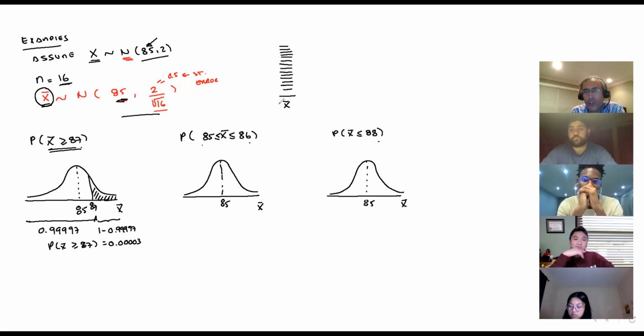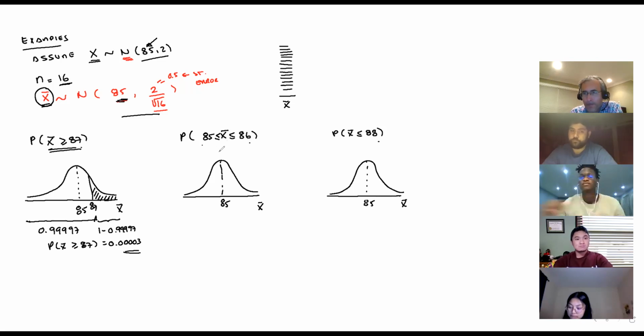So my question now is, before doing the experiment, you say, okay, I have 16 students. What is the probability that the mean or the average of the grades of these 16 students is larger than 87? That's why it's the mean of the mean. The probability that this sample mean is going to be greater than 87 is simply almost 0.00003.